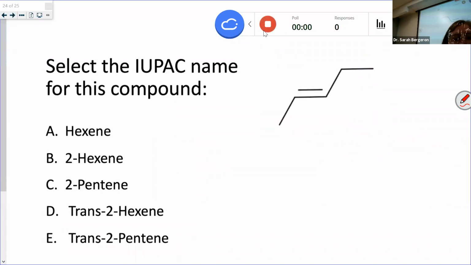All right, so now that you remember about double bonds and things, name this molecule. Okay, 10 seconds.